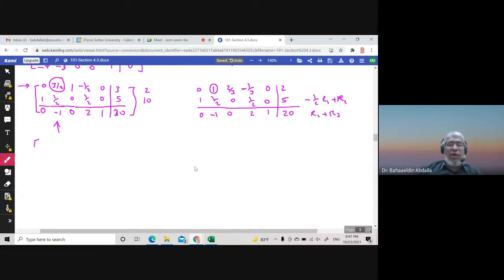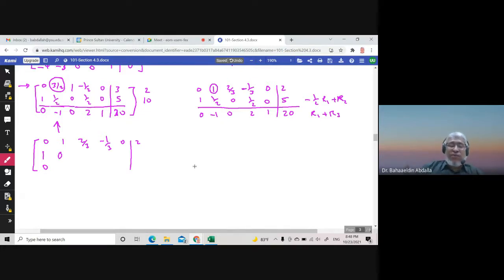And now I'll have a new matrix in which the first row is as it is, and now these two transformations will not change 1 and 0 because this is 0. Negative half plus half is 0.